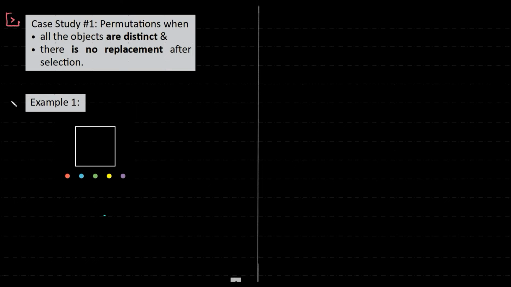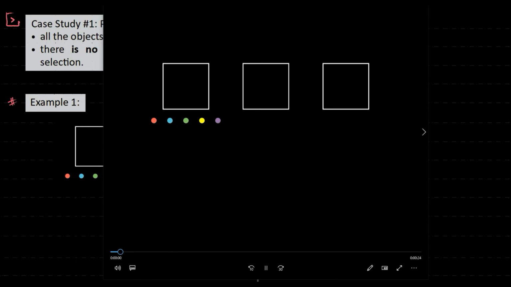So to make you understand this, we are selecting 3 out of 5. These are all distinct, that they are different, and once selected they can't be used again. Something like this.